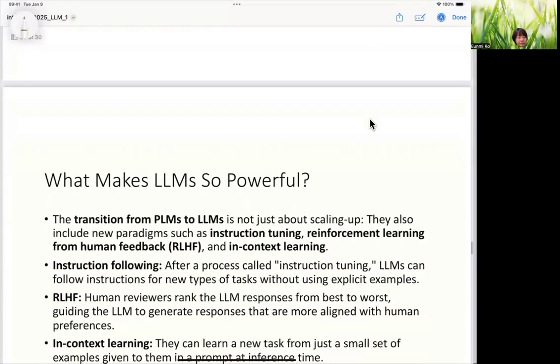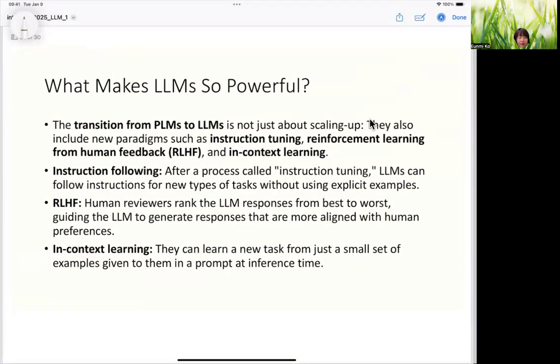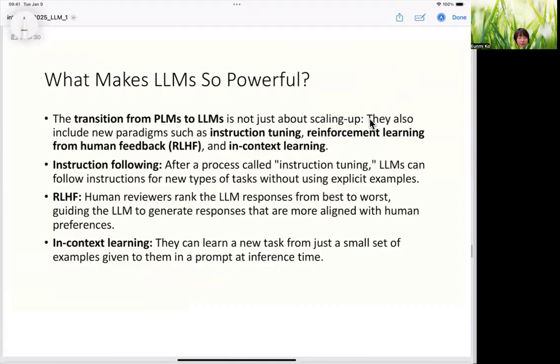So the key features of large language models are known as these three things. And these three things are known to make large language models so powerful.